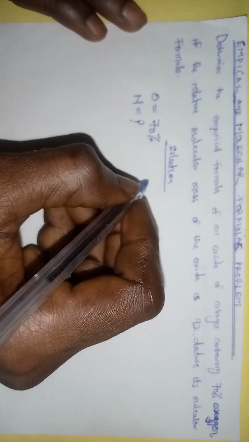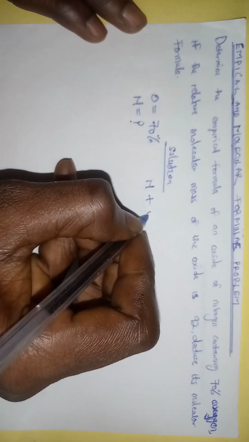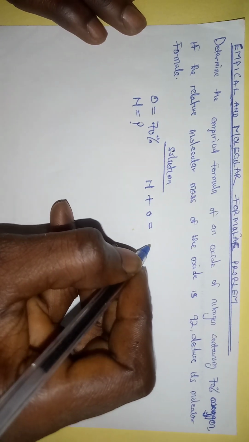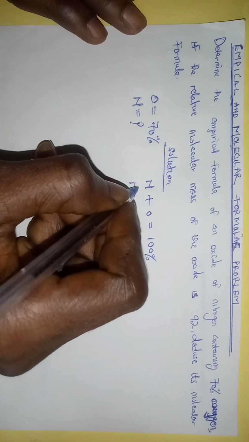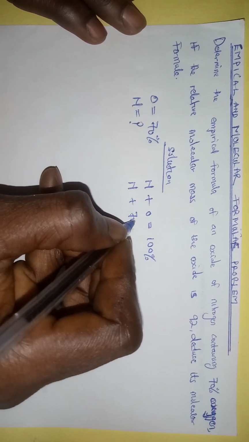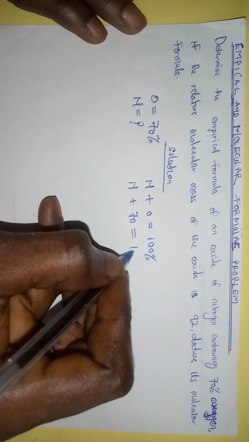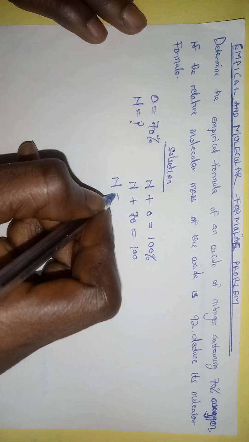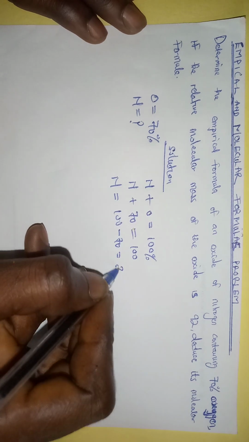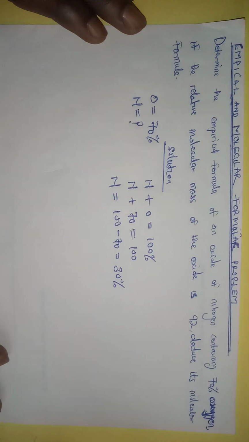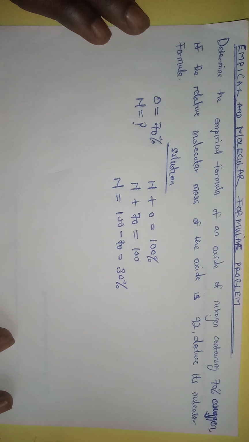And don't forget that the percentages of nitrogen and oxygen must add up to 100%. So nitrogen will be equal to 100 minus 70. So the percentage of nitrogen is going to be 30%.